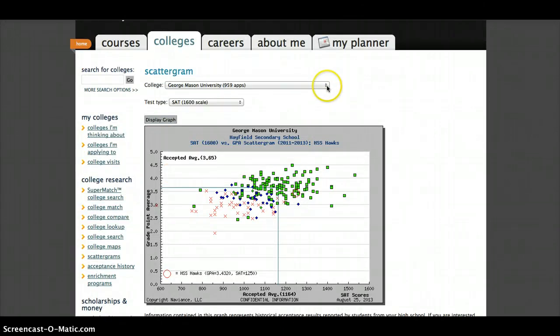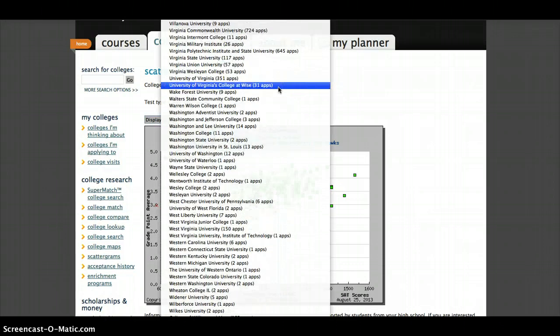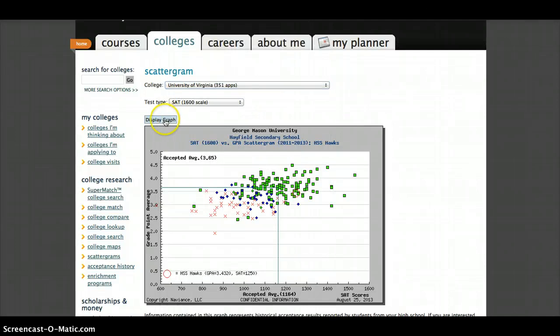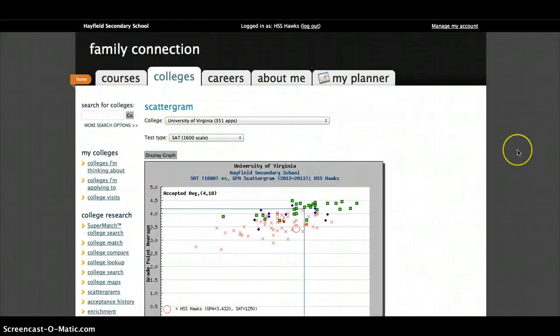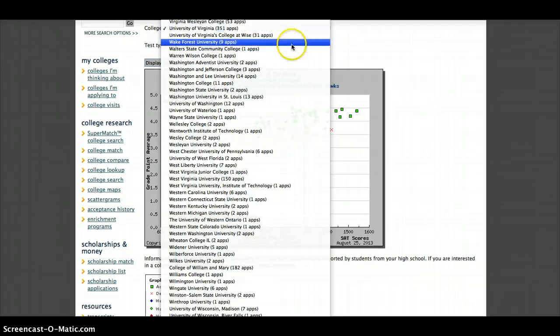So here George Mason is a match school for Mr. Hayfield Hawk. Mr. Hayfield Hawk is also interested in going to UVA. So let's see how he stacks up there. There it is. So UVA for Mr. Hayfield Hawk is probably going to be a Reach school for him. He's way down here. Let's try one more school.